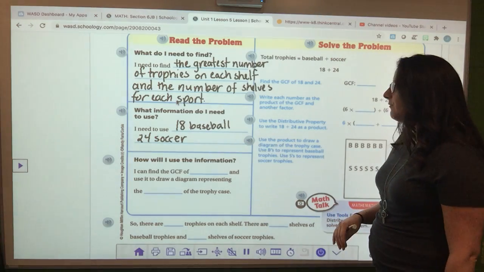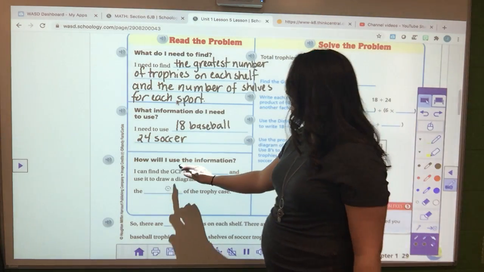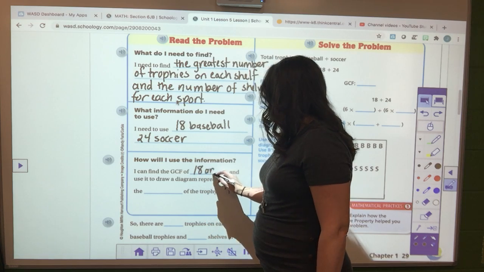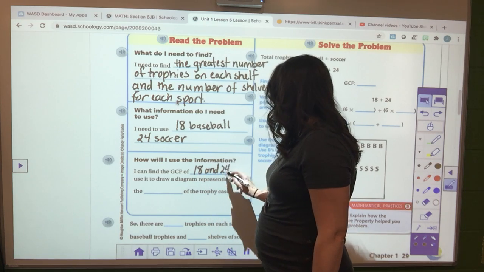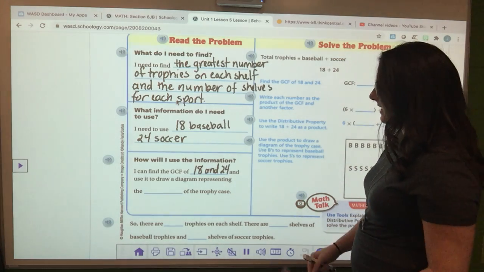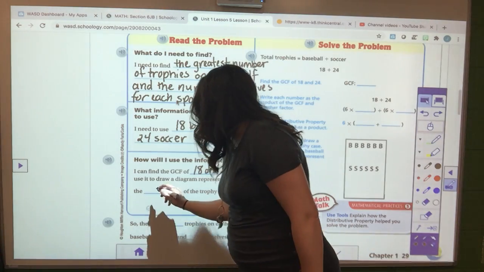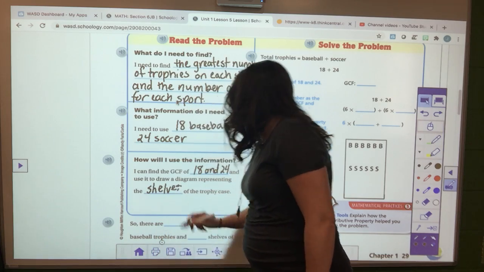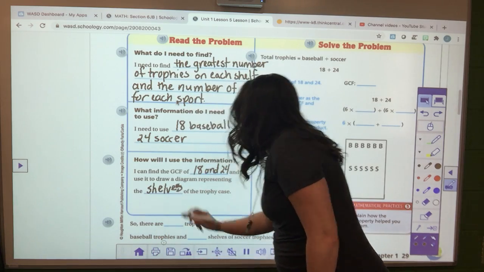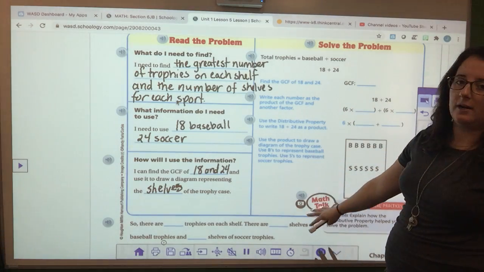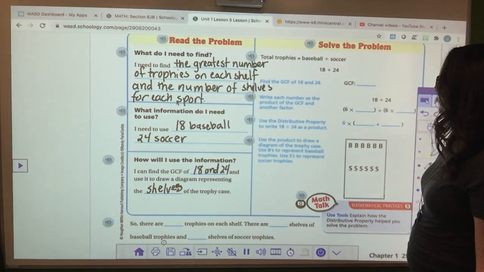How will we use this information? We are going to find the GCF, greatest common factor, of 18 and 24. And we're going to use it to draw a diagram representing the shelves of the trophy cases. Okay. So now we're going to move over here. I'll give you a second to finish copying that if you need it.